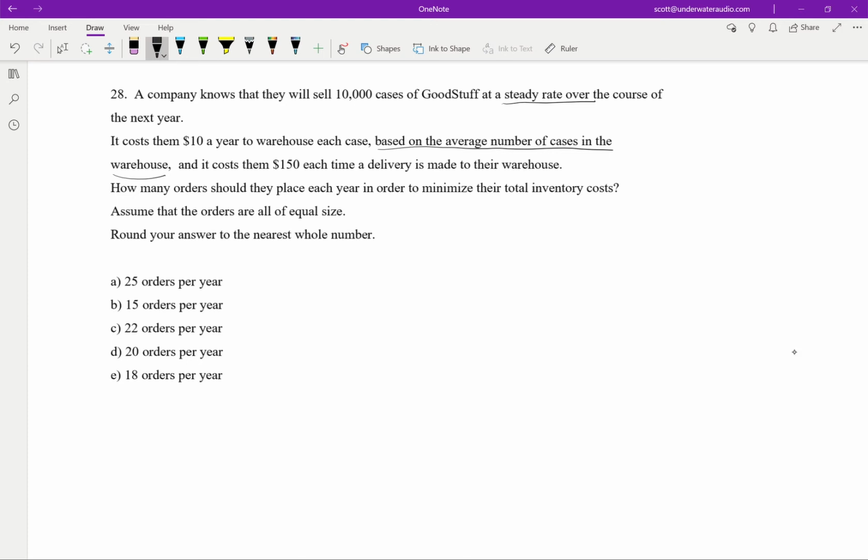How many orders? One thing is going to be the number of orders, one of our variables. How many orders should they place each year in order to minimize their total inventory costs? Assume that the orders are all of equal size.